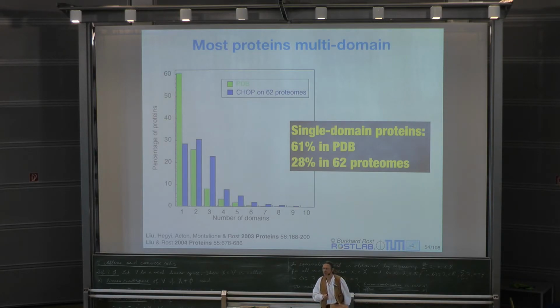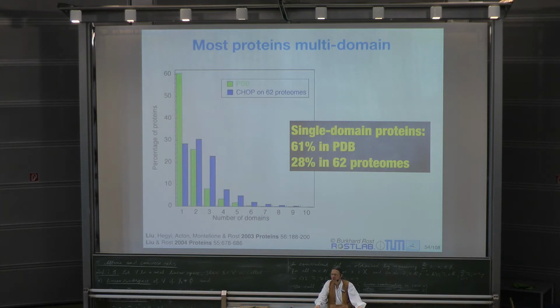Yeah? Is it possible to have a protein without a domain? Is it possible to have a protein with what? Without domains? Is it a protein? So the question is, is it possible to have a protein without domains? Well, no, not really. So now we get into linguistics. When do you call a protein a protein? I would argue if you have something that folds on its own and adopts a domain.